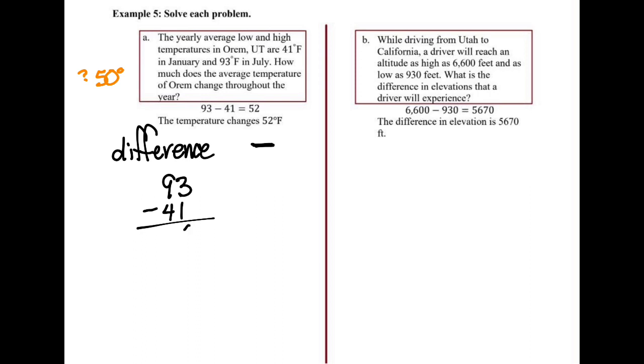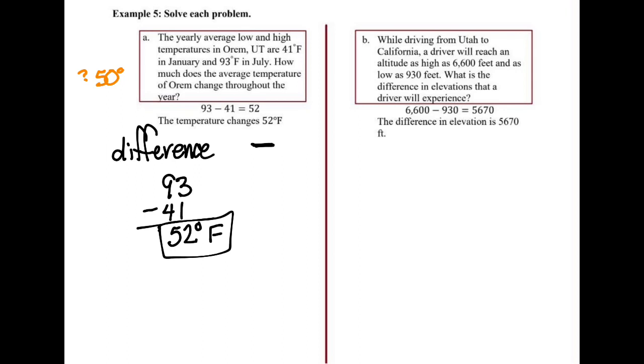So 3 minus 1 is 2. 9 minus 4 is 5. And because it matches pretty much what we thought it was going to be, we probably did it right. So let's add our label. And we're done. Okay? All right. Next one.